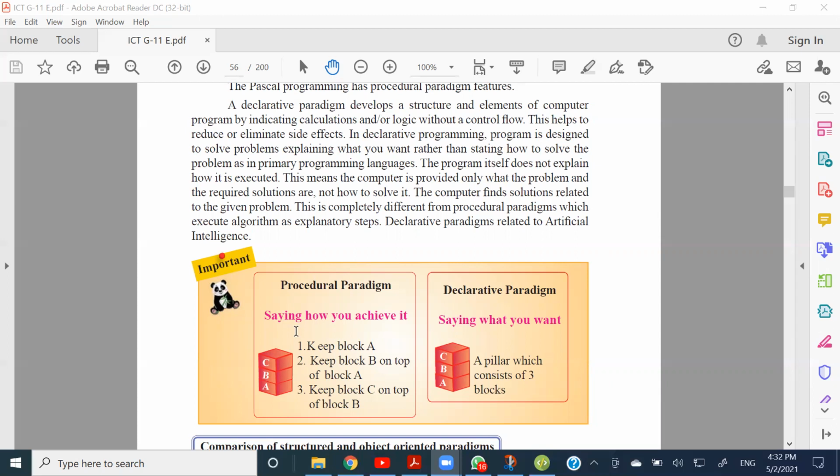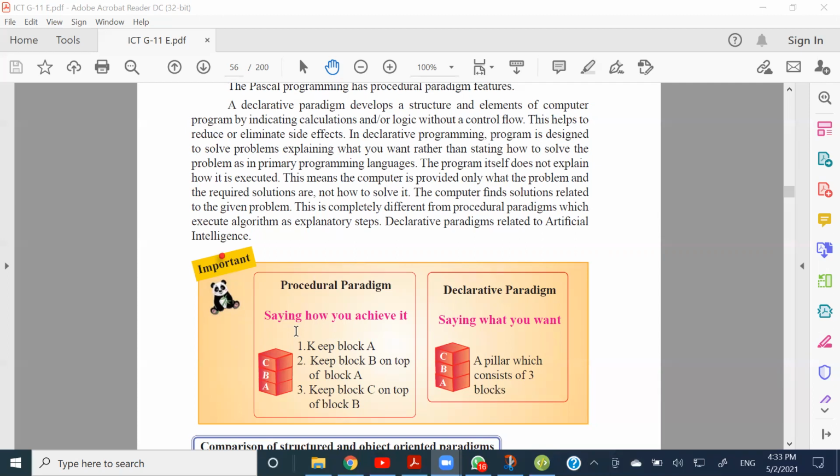There are many tables, and we say, from these tables, select this data for us. So we are not going to tell how we are going to access the table, how we are going to open the table, how we are going to take the things from the table, and how we are going to arrange the output. We are not going to tell anything about that. It is done by the programming language.